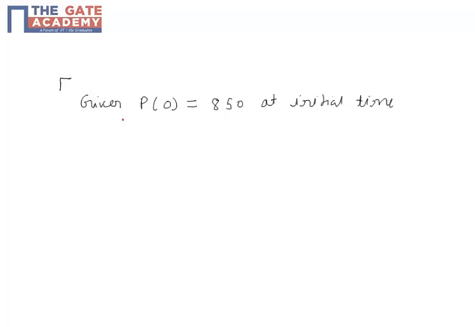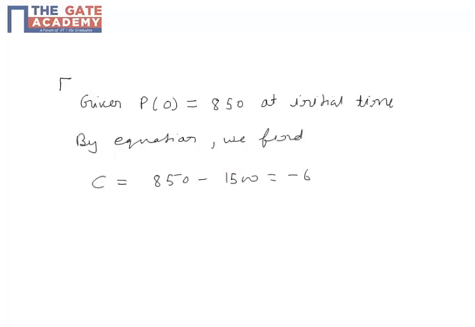So the value of p(0) is put in the equation which we got by solving the integration. By the equation, we find c equals 850 minus 1500 equals minus 650. Put the c value again in the equation.